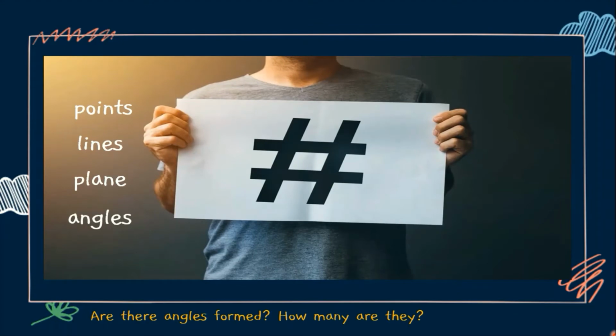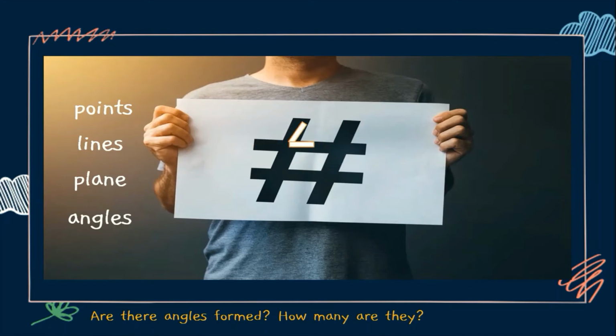Another question, are there angles formed? If so, how many are they? Meron tayong mga nakita na angles dito sa hashtag symbol. Bibilangin natin isa-isa. 1, 2, 3, 4. Meron tayong 4 angles.